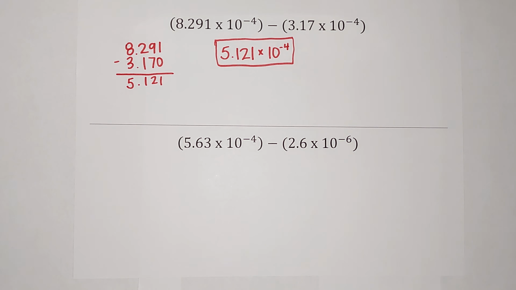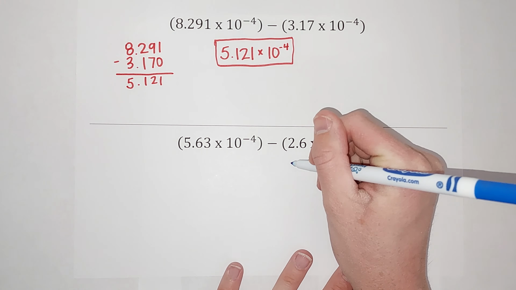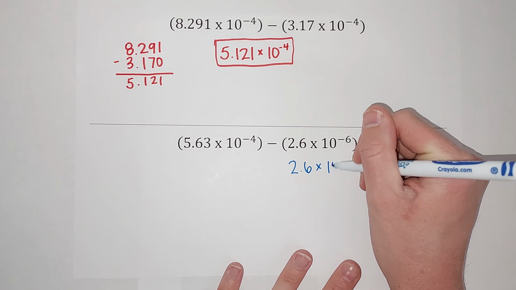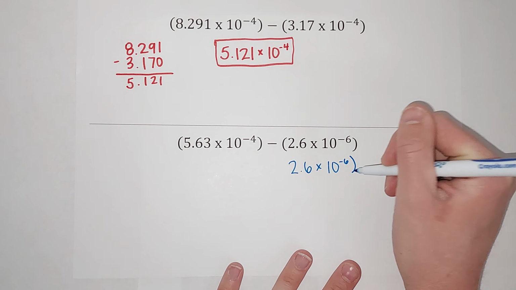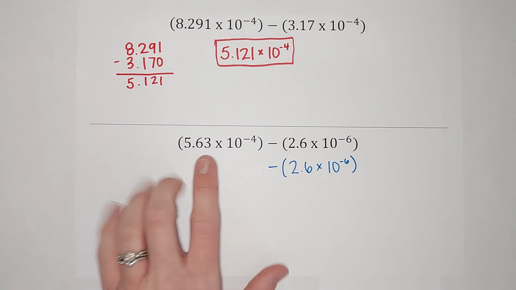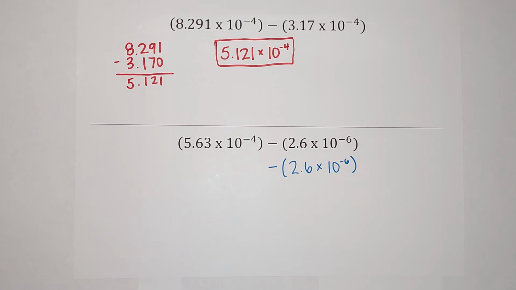So let's get them both to be 10 to the negative sixth power. That means this one is good to go, right? It is already 10 to the negative sixth. But this one, we want to change so that instead of being 10 to the negative fourth, it's 10 to the negative sixth. So this is when we just have to think about it a little bit.